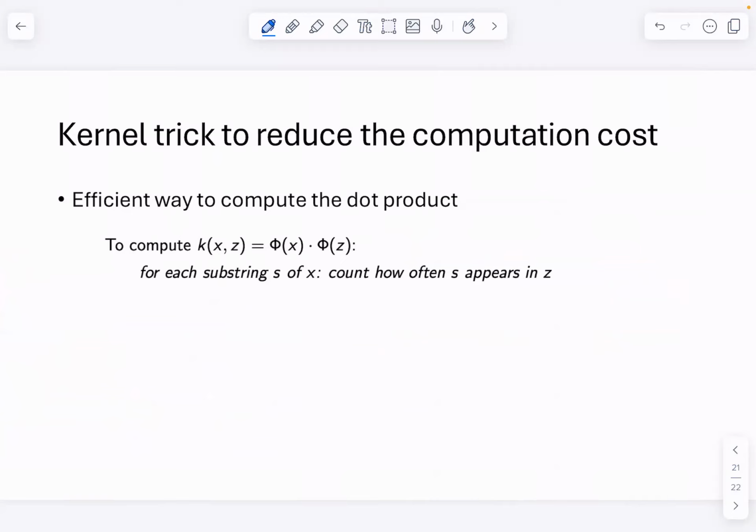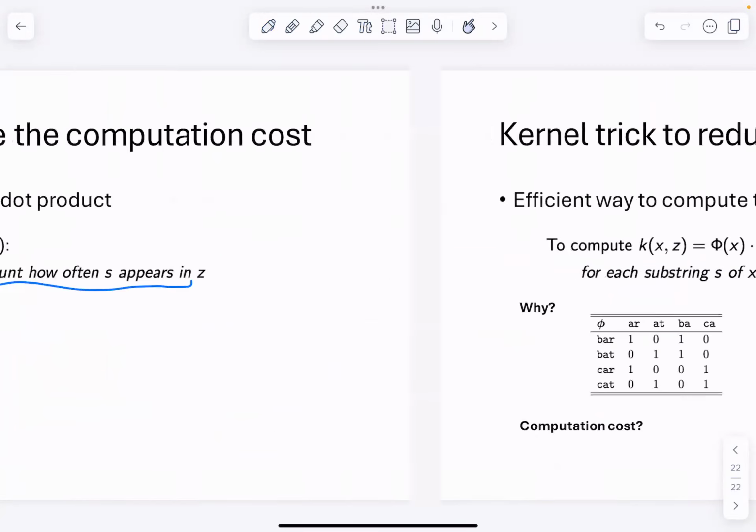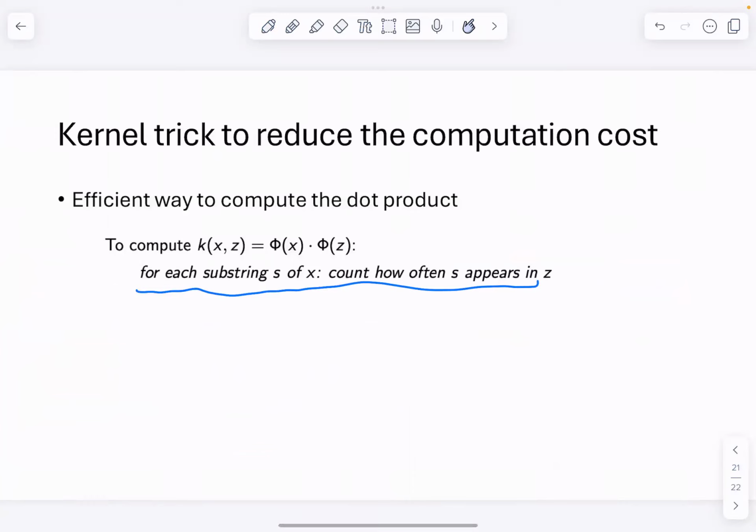We claim that to compute the string kernel, the dot product for the string kernel, we only need to do this: for each substring in X, we count how often it appears in Z, if we want to compute the dot product between 2 inputs, X and Z.